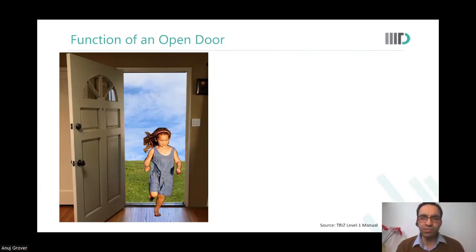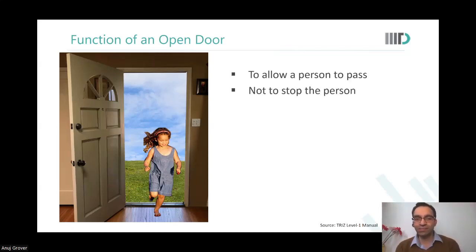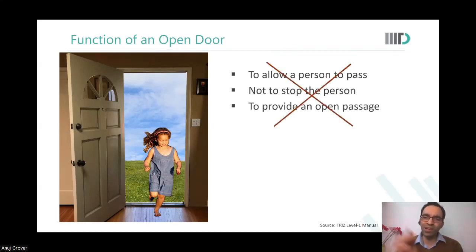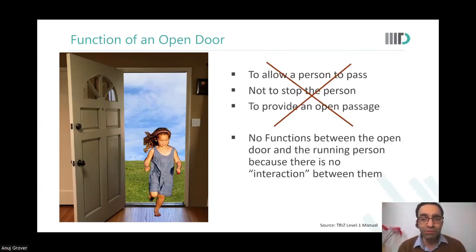Is the child touching the hinge? No. If it is open. If it is not open, then he has to. Yeah. But as of now, the child is not touching the hinge nor the door. So can there be a function here? So an open door does not have any function. A closed door has a function. There's no function between the open door and the running person because there is no interaction between them.